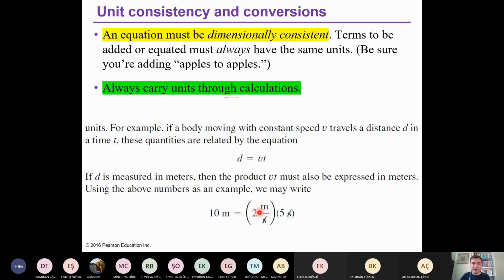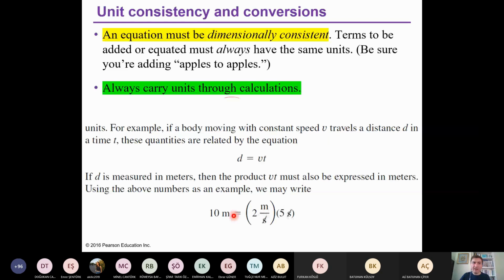For example, let's consider that distance is 10 meter and time is 5 seconds and velocity is 2 meter per second. So if you put the units here, what you will see, this second comes from the time, we'll cancel this second, then we will have meter here. On the left side, we also have meter, okay?